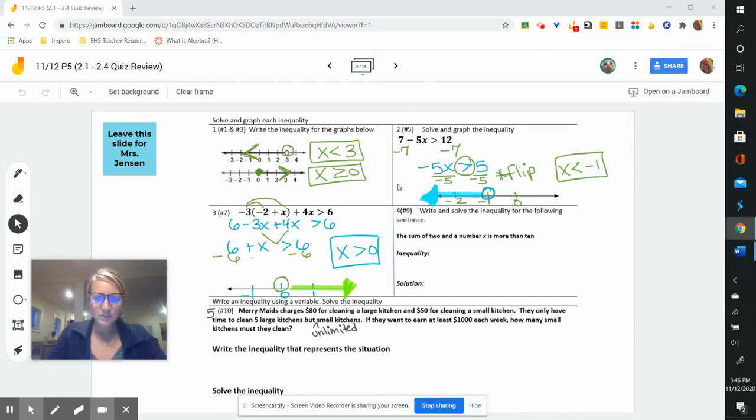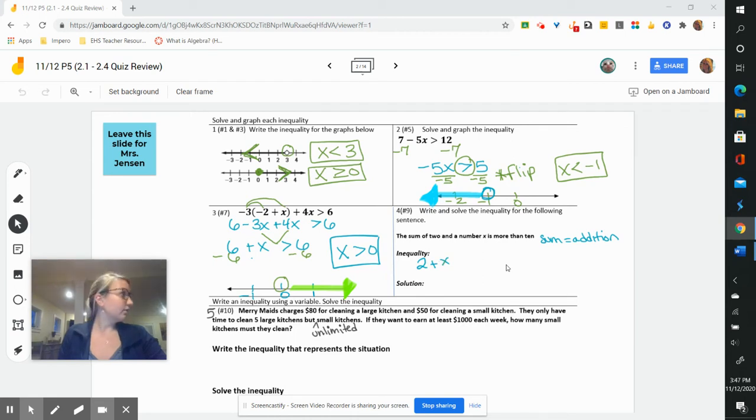For number 4, which is number 9 on your homework, we want to first write the inequality. We want to translate that sentence into an inequality, and then we'll solve it. So the sum of 2 and a number x. Well, sum is addition. So we're adding 2 and x.